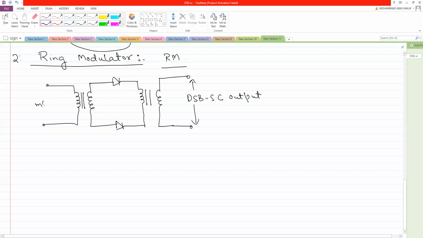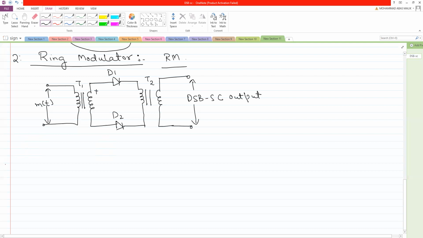This is your M of t. This is D1, D2. This is your transformer, obviously, and this will be plus. This is your second transformer. Now from the circuit diagram, you can analyze that for the positive half cycle of C of t, there is M of t.